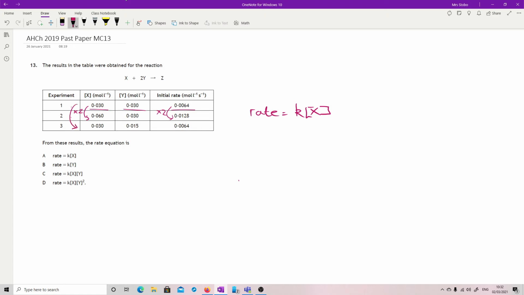We've kept X the same and we have halved our Y. If this was first order, we would expect it to halve the rate. However, the rate has remained exactly the same. So therefore this is not in the equation. You could put it in as that, but that's not an option in the answers. So, A.